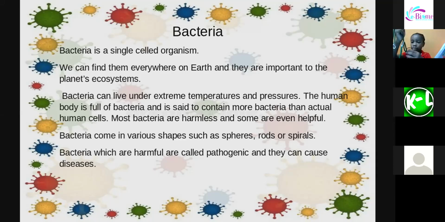And these millions of cells make up our organs, and our organs make up our bodily systems. Everyone following? Yes, sir. And we say that we can find bacteria everywhere on Earth, because we can find them in our body.